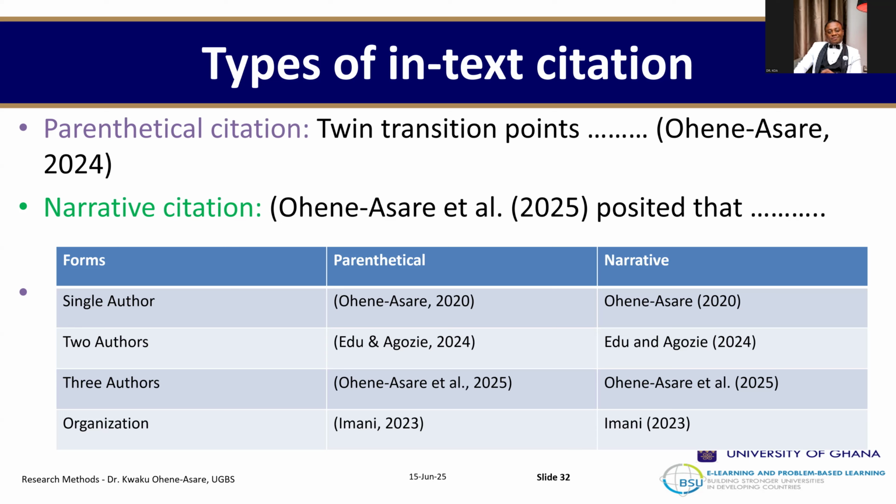So I'll give you an example. Let's say you are writing a paper and you have seen a paper that was written by Ohene Asare in 2012, on banking efficiency under corporate social responsibility.